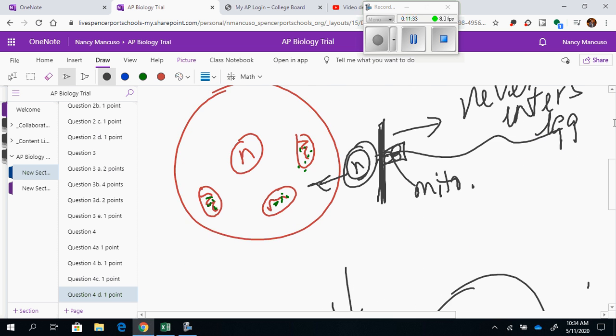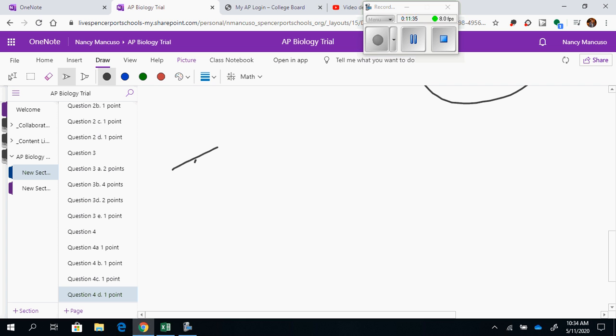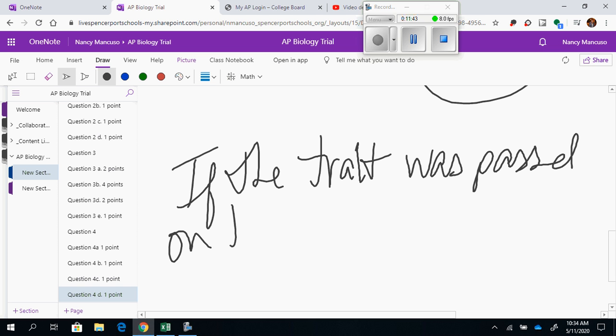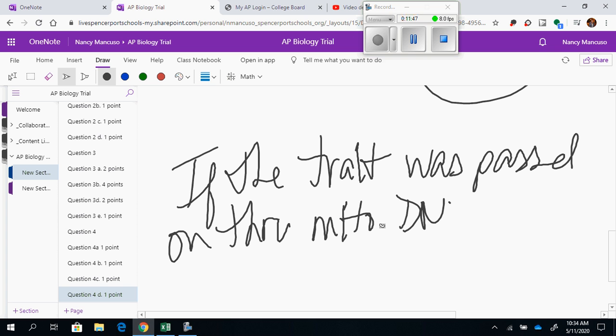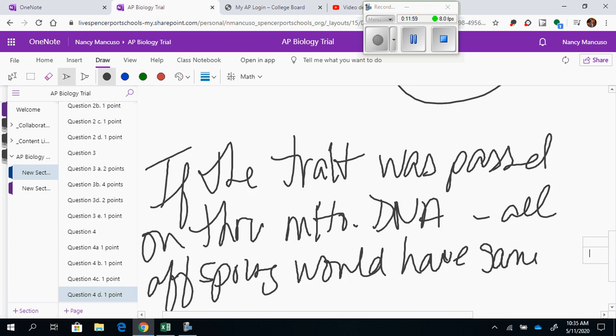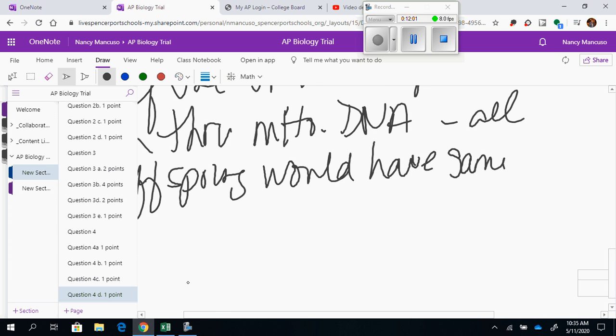All right, if the trait was passed on through mitochondrial DNA, all offspring would have the same trait as the mother.